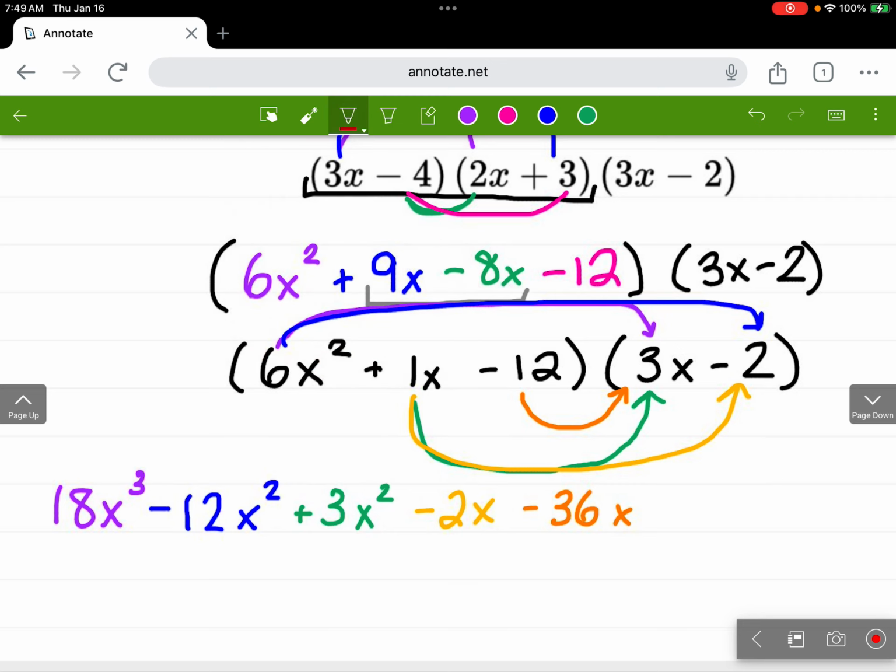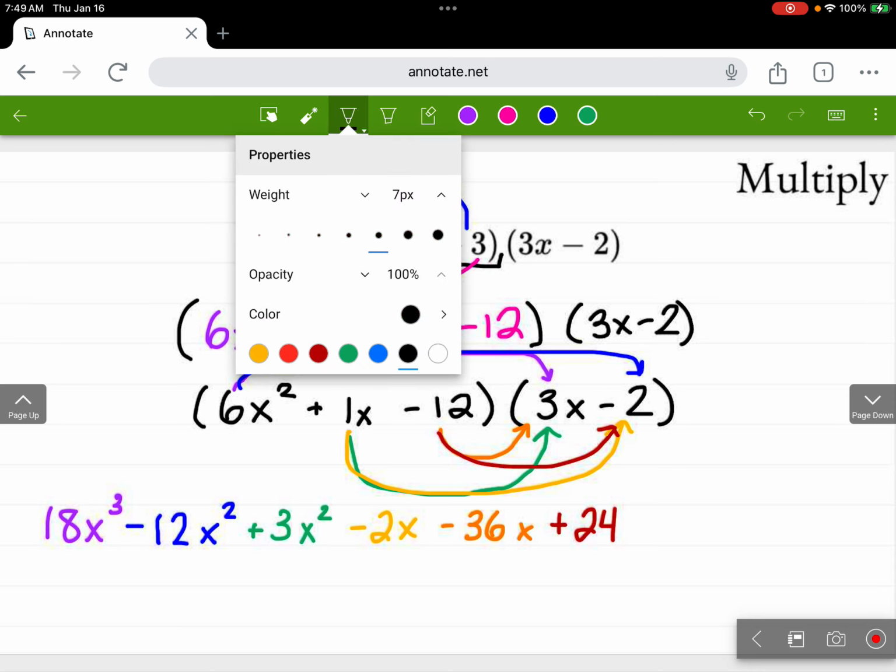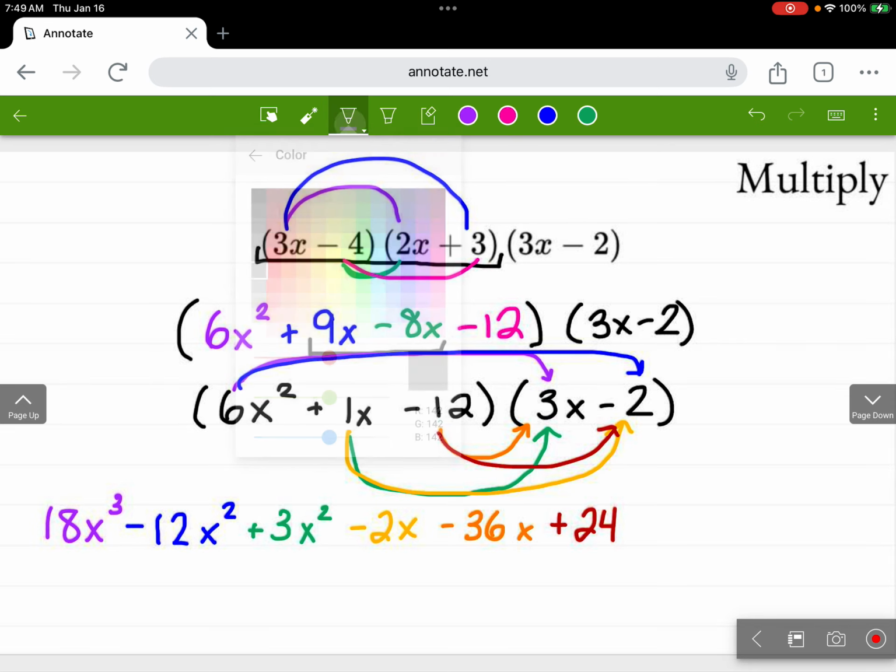And then our last piece is our minus 12 times minus 2, a positive 24. And we're almost done with this. What do we need to do next? What's our last step on these?